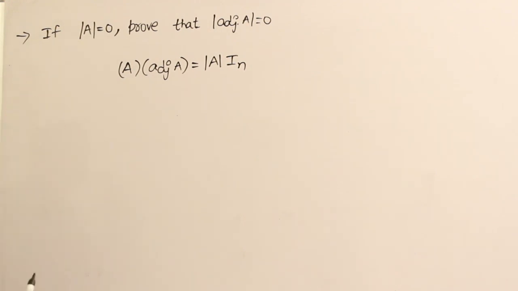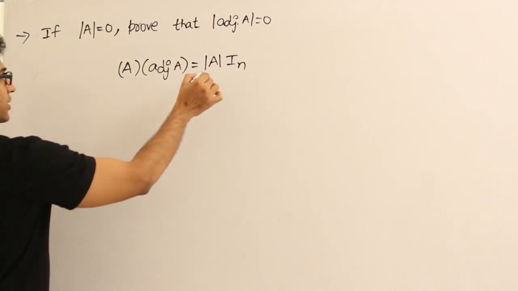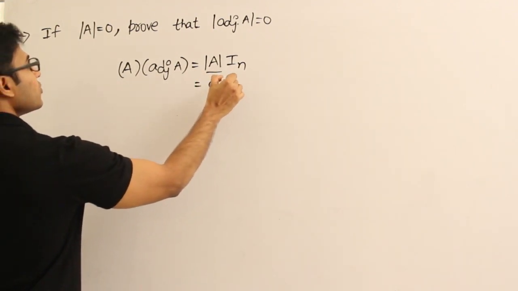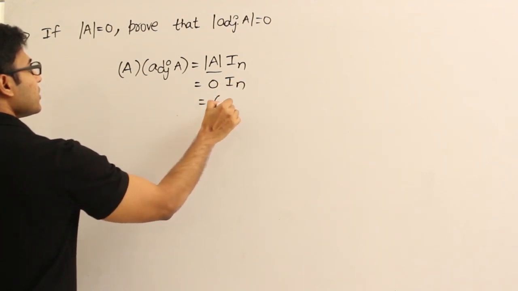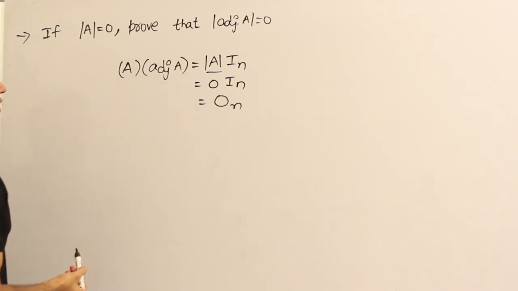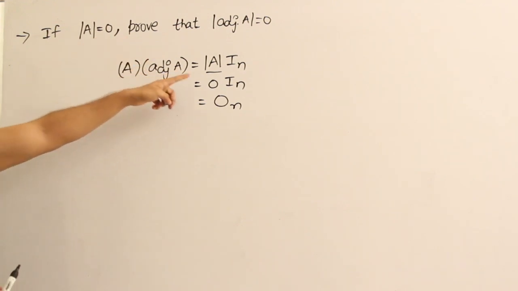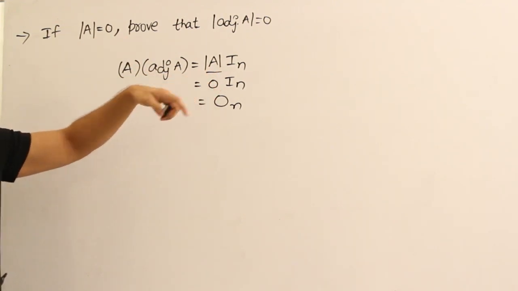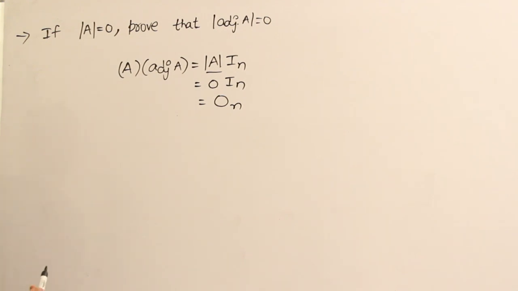Let us assume that A is an n by n matrix. Now it is given that det A equal to 0. Then what does it mean? 0 into In, which is nothing but a null matrix, isn't it? So if det A equal to 0, then if I multiply any matrix with a scalar 0, the entire matrix is going to become a null matrix, right?